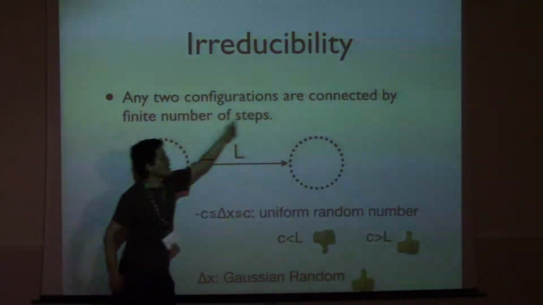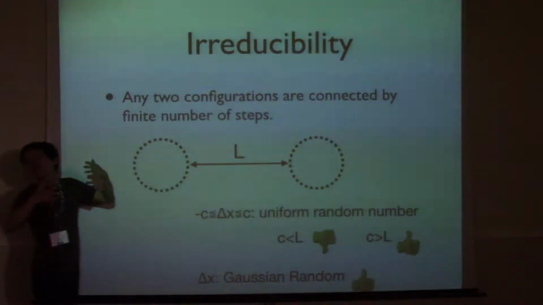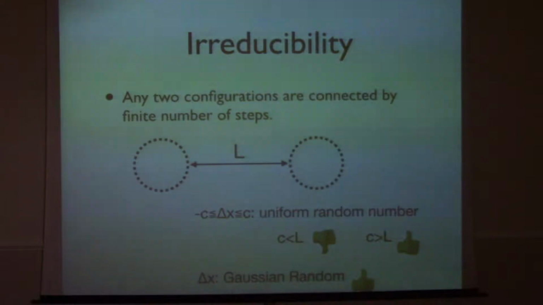Sometimes it can just jump to this island, and you can go to any configuration by finitely many steps. The importance of this condition is very clear, because if you cannot reach some part of the parameter space, then of course you cannot estimate the integral. Okay, it's very clear.